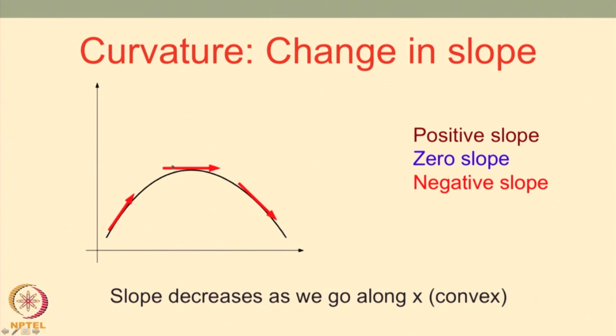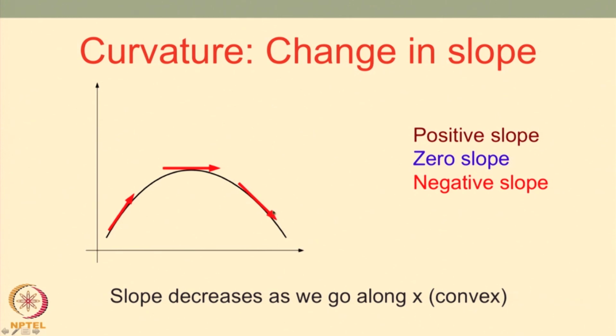And here, if I look at the peak, the tangent, a small straight line for a small segment, will be essentially parallel to the x-axis. So, that means the slope is nearly 0 there. If I take an extremely small delta x tending to 0, I would get the slope to be 0.